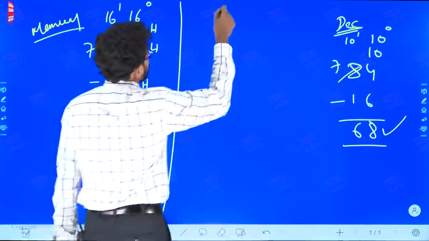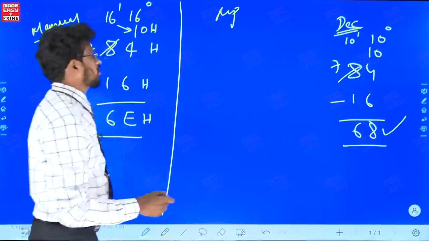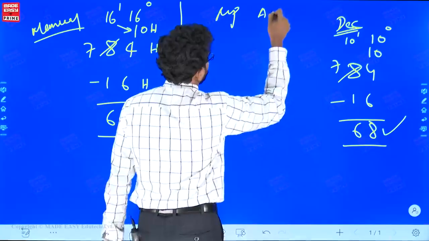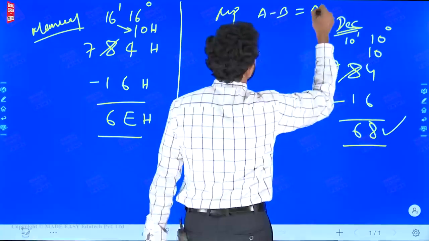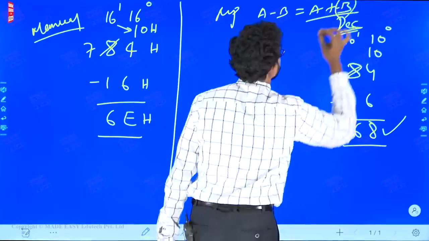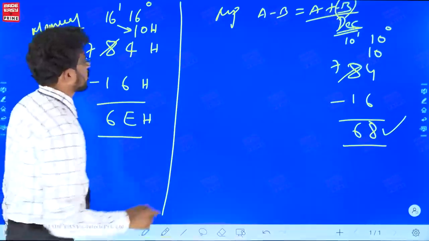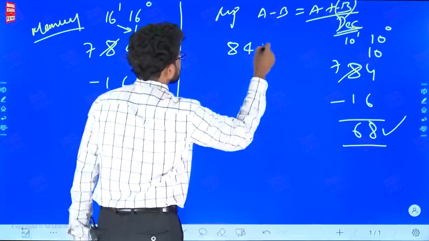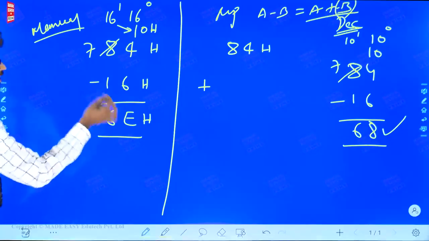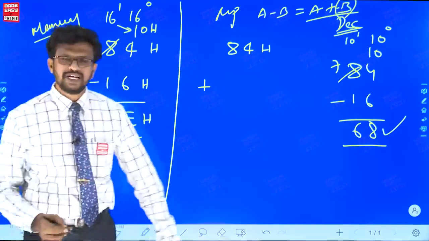Now, the same problem can be done in the processor method. How is the processor doing? The processor will perform A minus B as A plus of minus B. So 84 remains as it is, plus you must find out the minus 16 value. How do you find it?